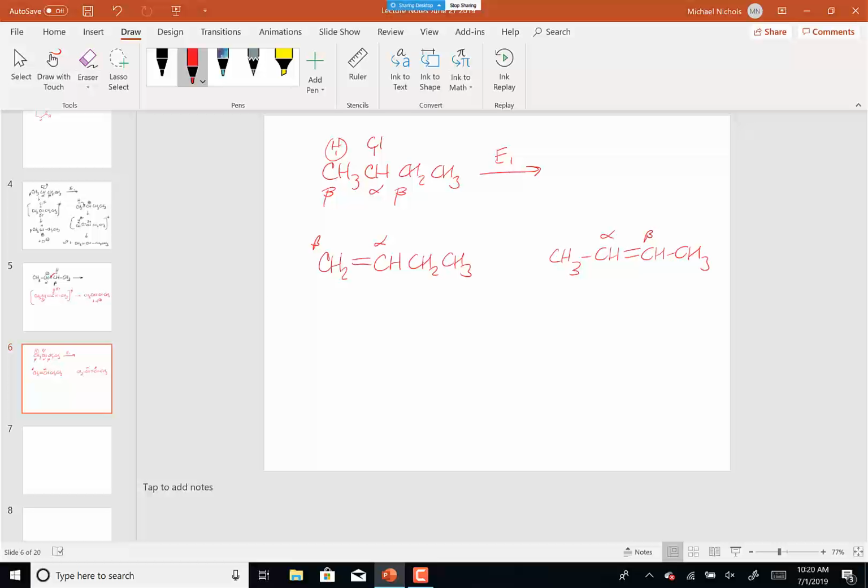So when we get two products, then our next question is, what's the major product? And so that led us to Zaitsev's rule. In this case, whenever we do an E1, the major product is always going to be the most substituted product, which is also the most stable product.